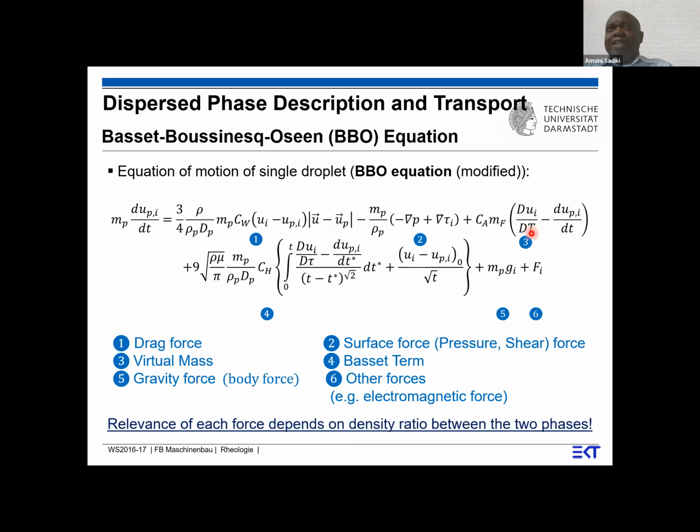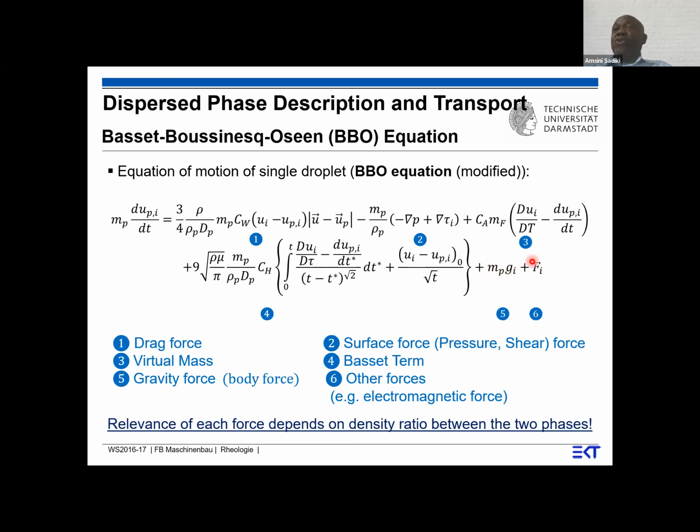This is a small t, excuse me, and this is the so-called Basset force. You take into account the retardation of the effect of the change around the layer, the delay in the change of the layer around the particle. Here it is a volume force, like the gravitation force.